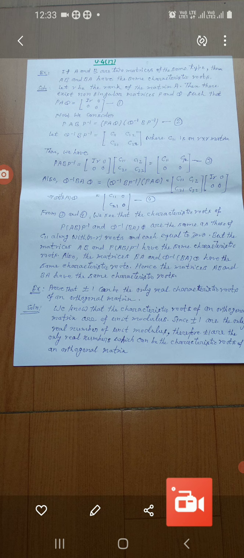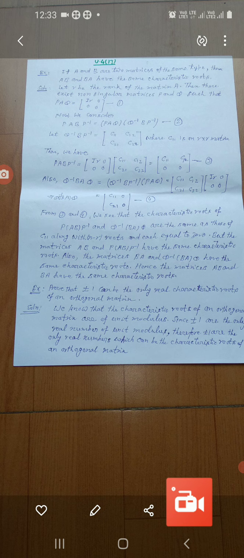Now we consider the next example. Prove that plus minus 1 can be the only real characteristic roots of an orthogonal matrix. Okay, you know the property of orthogonal matrices. Now we have the solution.